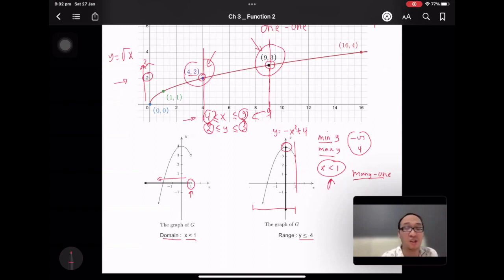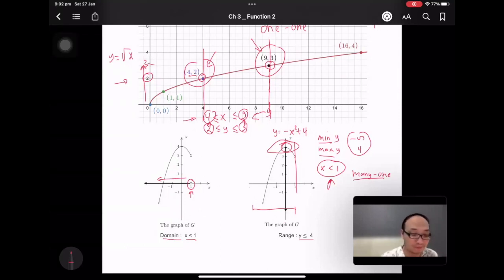You have to make sure that there are no other y values that are higher or lower than the endpoints in the domain.